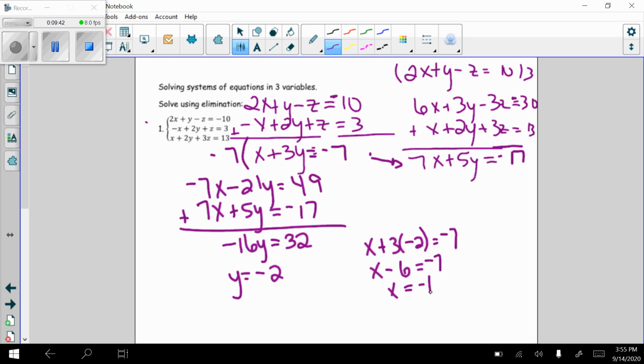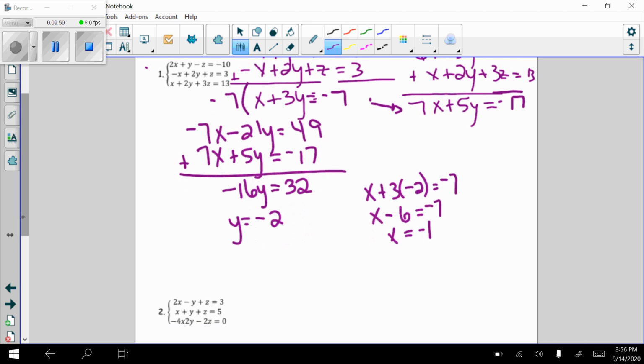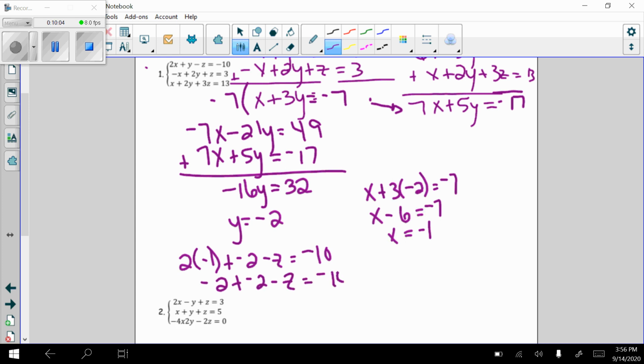And now plug x and y both into any of the equations that I started out with and solve for z. So if I just take that top equation, 2 times negative 1 plus negative 2 minus z equals negative 10. I remembered that it was a negative 10 this time. So we have negative 4 minus z equals negative 10.